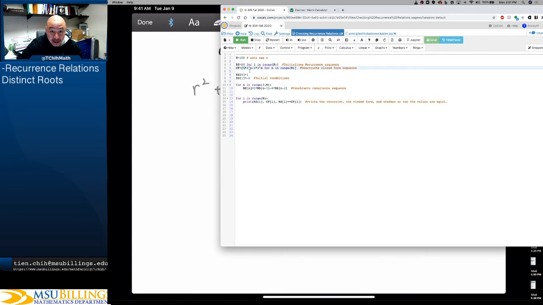So let's see. Our claim is that this is 0.8 times minus 3 to the n, plus 2.2 times 2 to the n, with initial values a 0, 3, and 2.